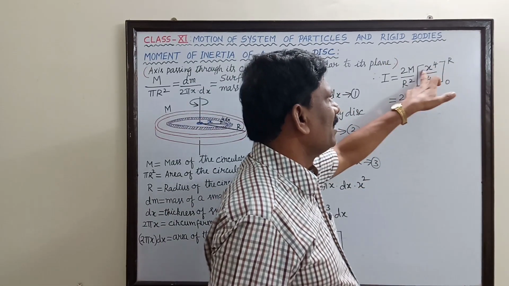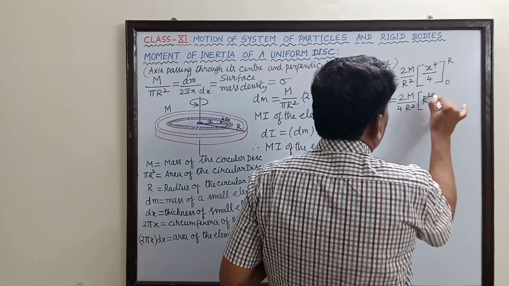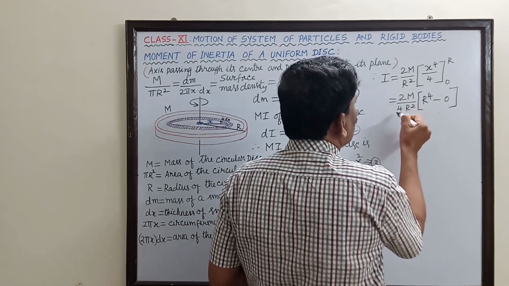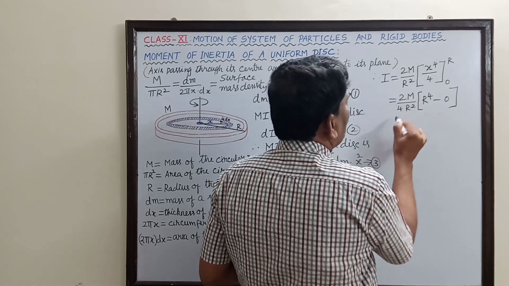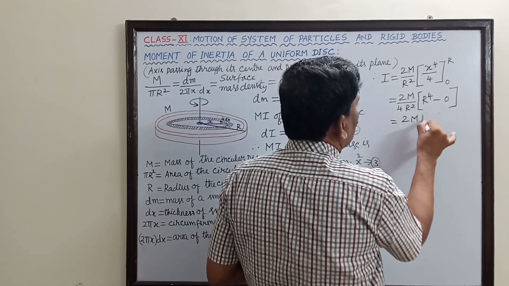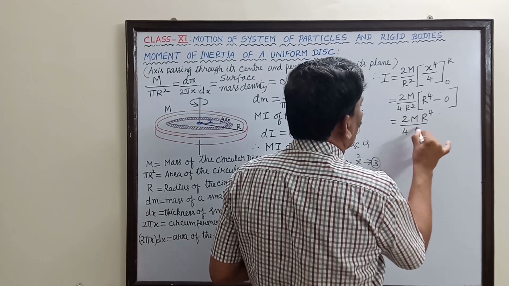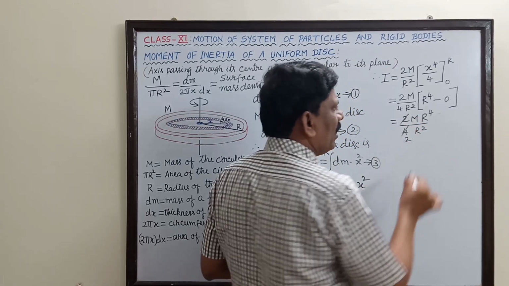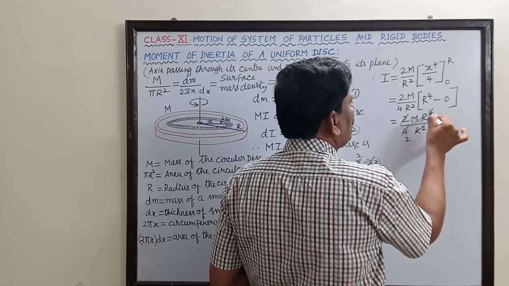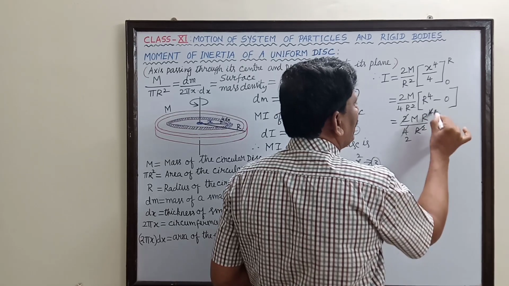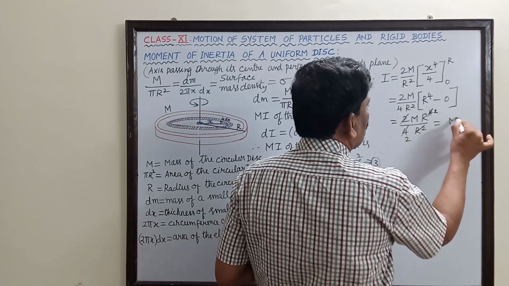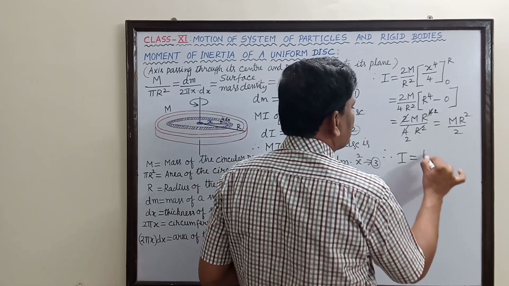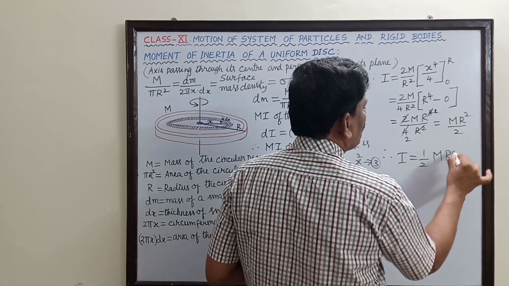So, upper limit is R, so it becomes R power 4 minus 0. Lower limit is 0, it vanishes. So, this is equal to 2M into R power 4 divided by 4R square. So the 2 and 2 make 4, and R square gets cancelled with R power 4, and the remaining power is 2. So this is equal to MR square by 2. Therefore the moment of inertia is equal to half MR square.